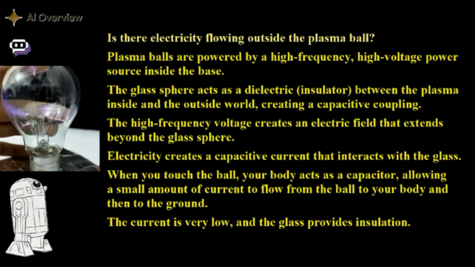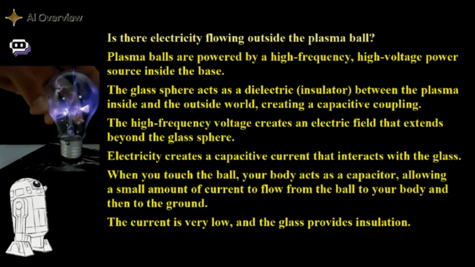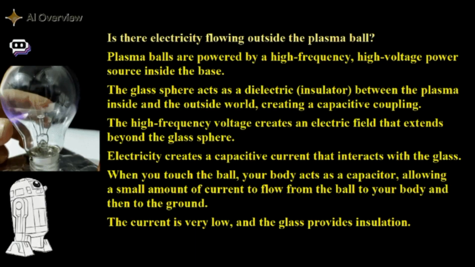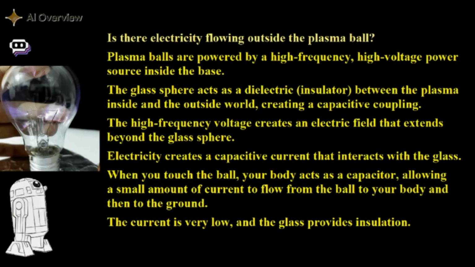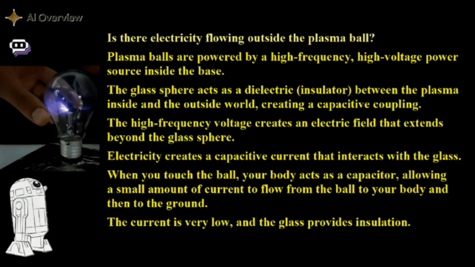And so we look up the plasma ball electricity, and I asked the AI, is there electricity flowing outside the plasma ball? Plasma balls are powered by a high-frequency, high-voltage power source inside the base. The glass sphere acts as a dielectric insulator between the plasma inside and the outside world, creating a capacitive coupling.